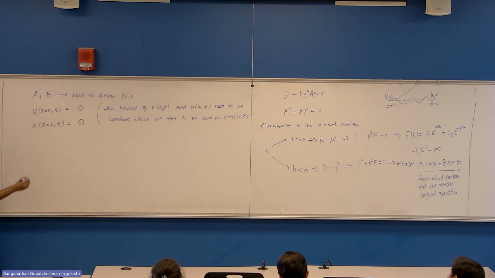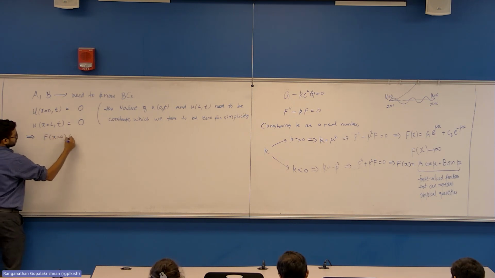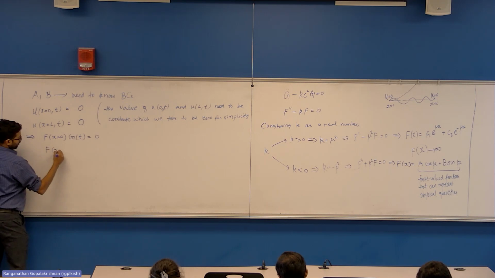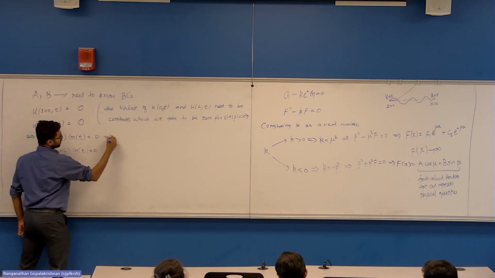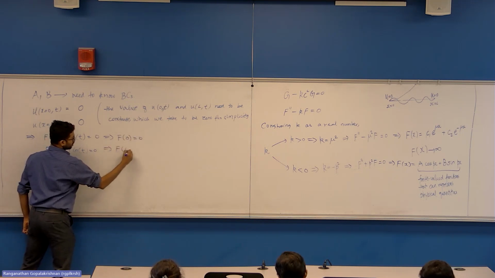So this implies f of x times g of t equal to 0 at x equal to 0, and f of L times g of t equal to 0, which simply implies f of 0 is 0 and f of L is also 0.